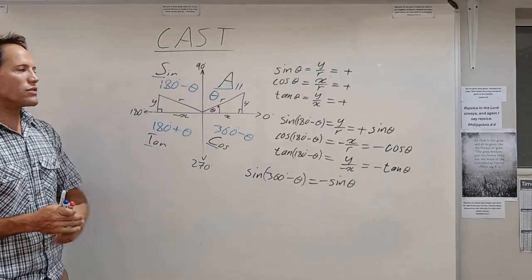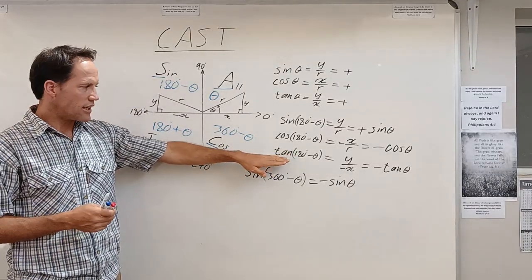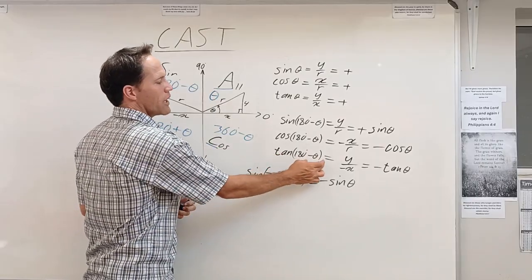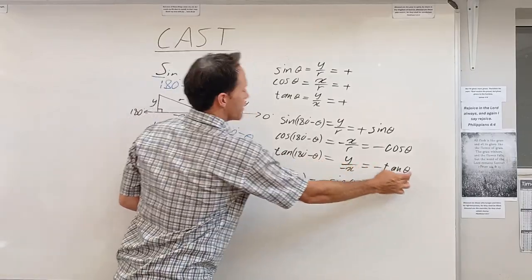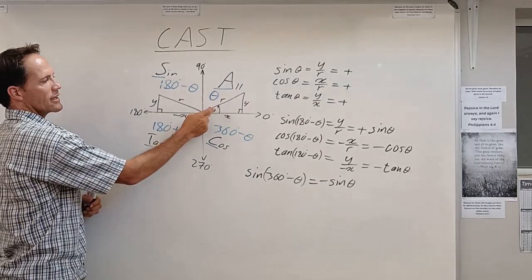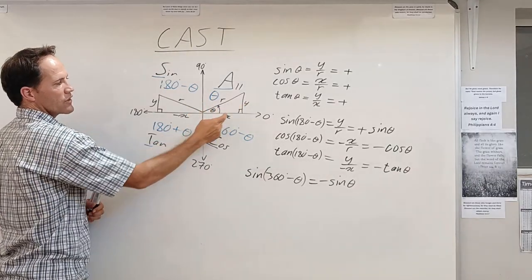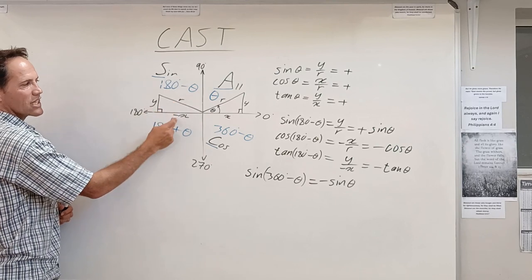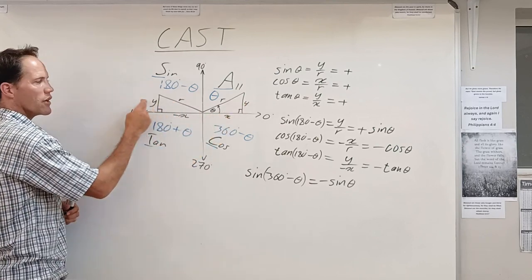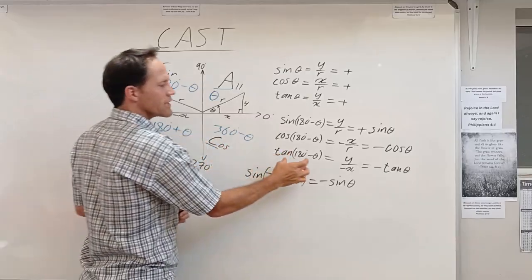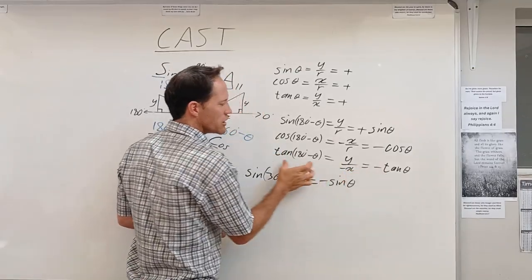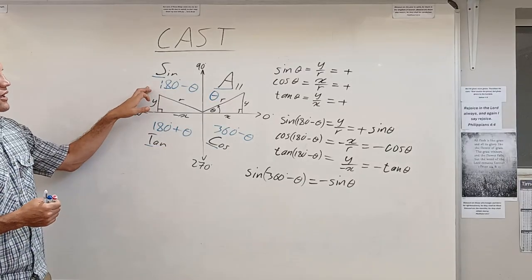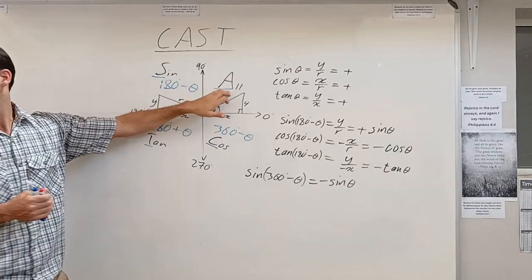Because it's still tan, but if you compare tan 180 minus theta with the normal tan theta, there we had opposite over adjacent. But here we've got 180 minus theta with y over negative x. Here it was y over x, now it's y over negative x. So you can say they're exactly the same, but the one is positive, the other one is negative. Second quadrant negative for tan, first quadrant positive.